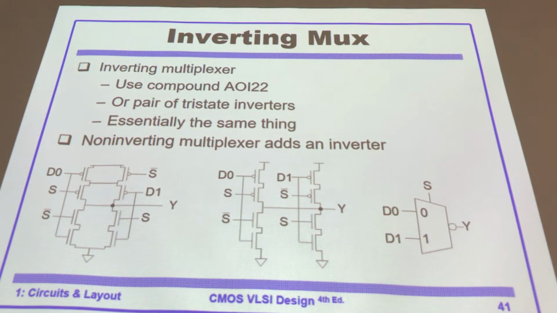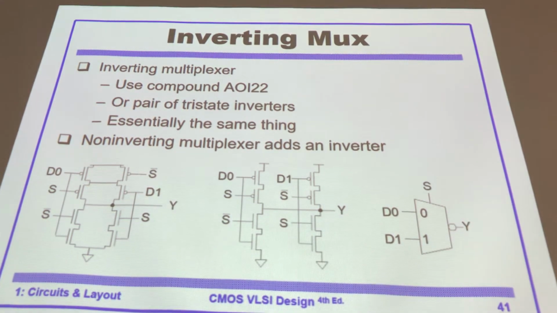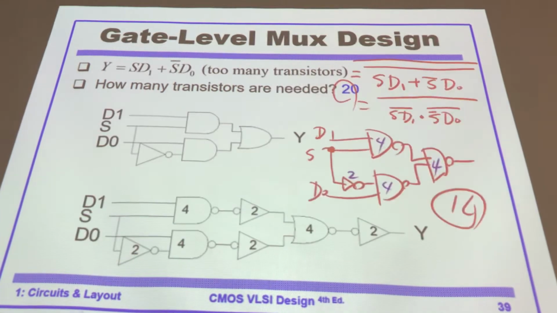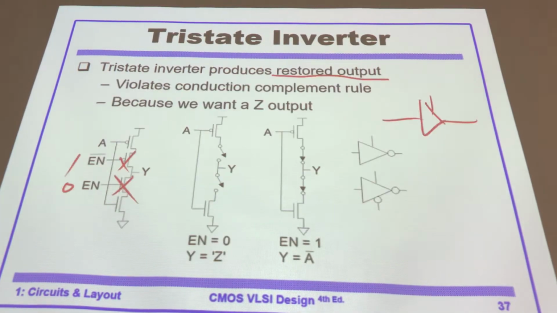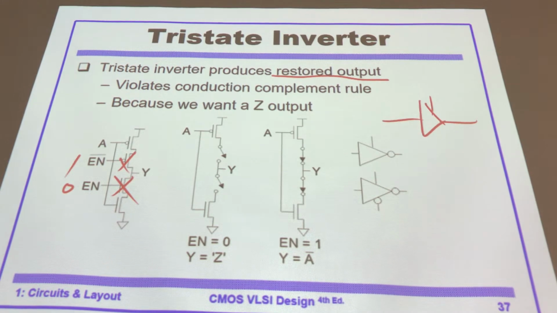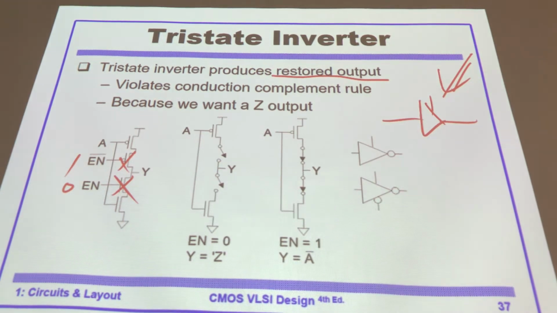So how do you design this circuit? We are going to use tri-state inverters here. Tri-state inverters can be used for the two-input multiplexer. So how do you design it?